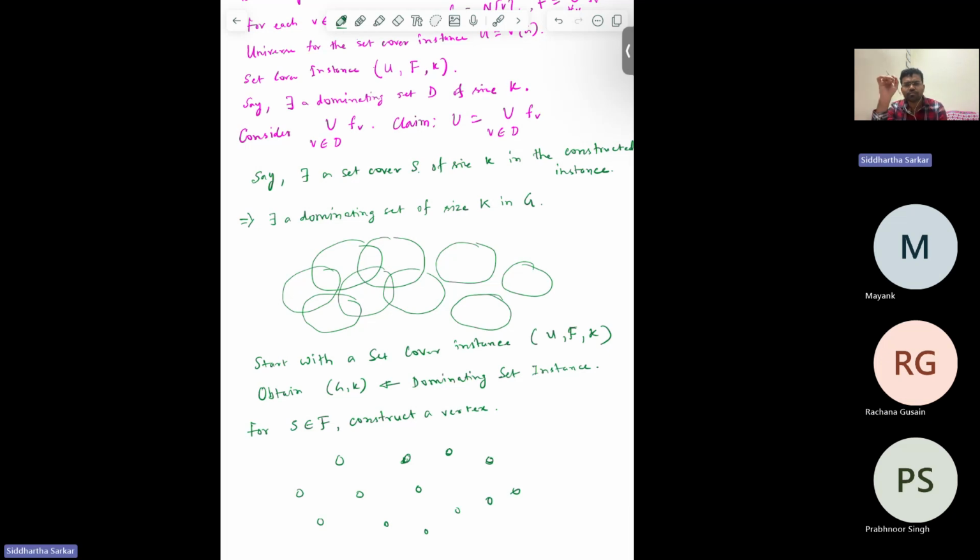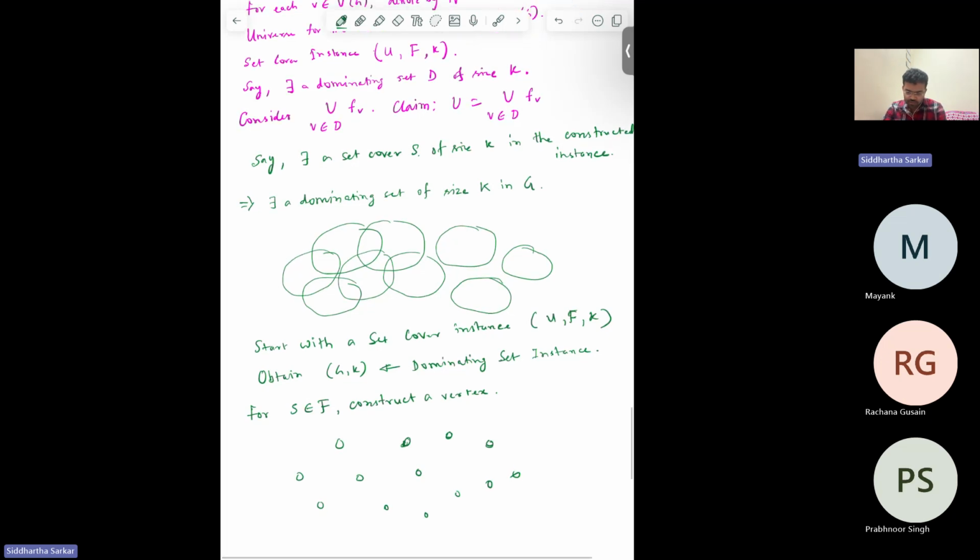So now you have to define the edge relationship. Additionally, you have only captured the sets. You also have to capture the universe elements. So for every element in the universe, construct a vertex.